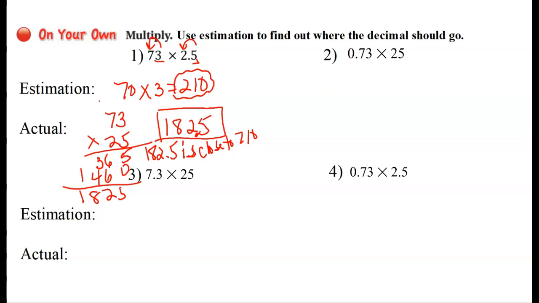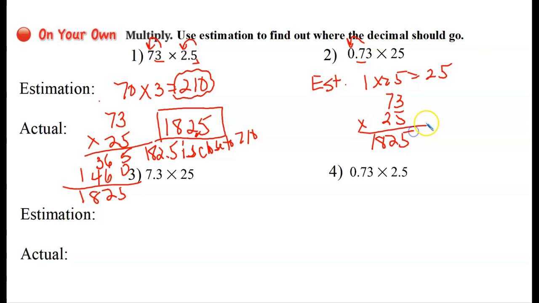Okay, so for number 2, here's my estimate. It gets bumped up to 1 times 25 equals 25. When I do the multiplying, I don't even need to write that down again, right? I can just put my total, even though you wouldn't do that on a test, but this is the same 2 numbers that I'm multiplying, so I know I'm going to get 1825 as my answer every time.